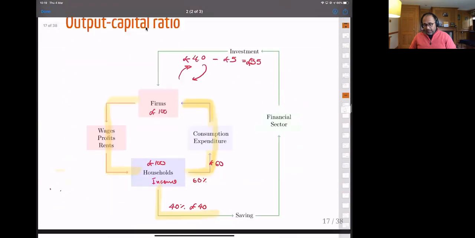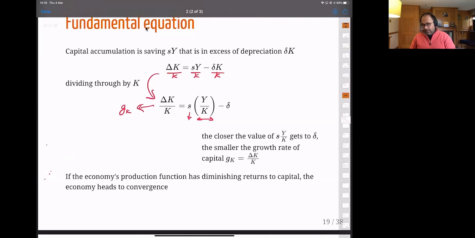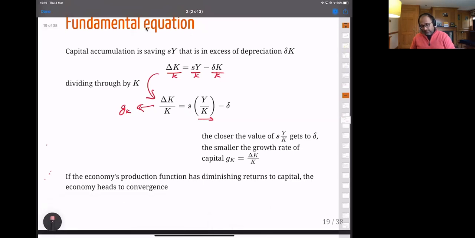Going back to this equation, what it's telling us is simply this: the growth rate of K is determined by S and Y by K. One way in which you can accumulate more capital is to start saving more.